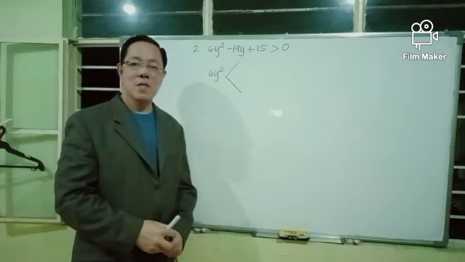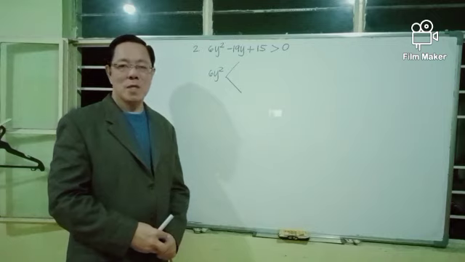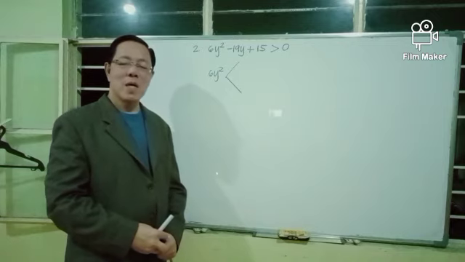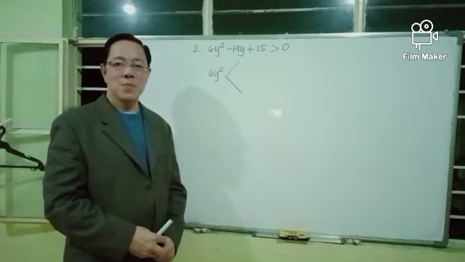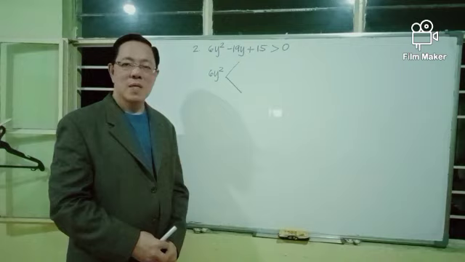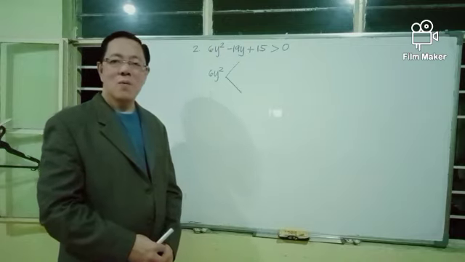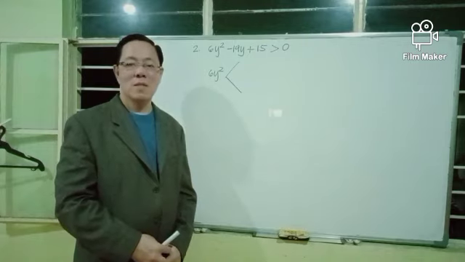The factors of 6 are 3 and 2, 6 and 1, 1 and 6, 2 and 3, negative 3 and negative 2. And the factors of y squared are y and y, and y squared and 1.